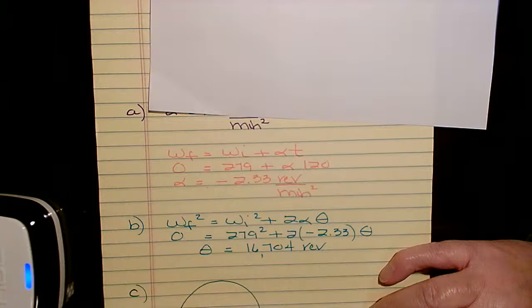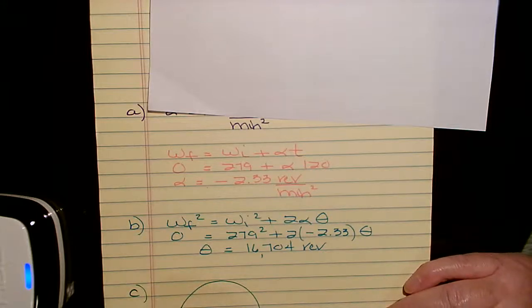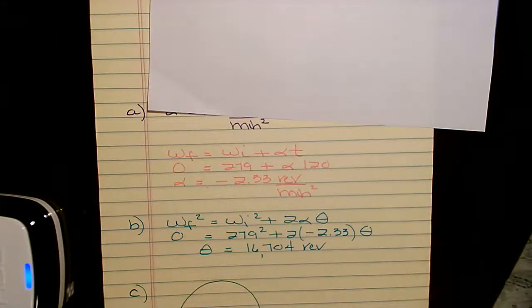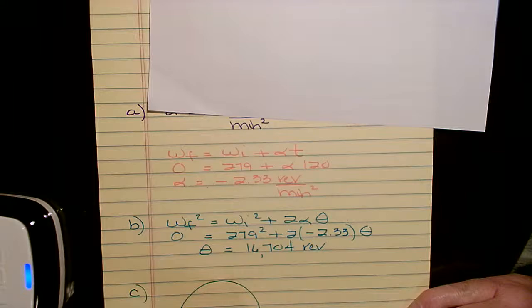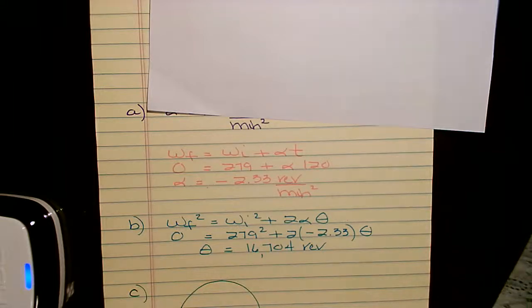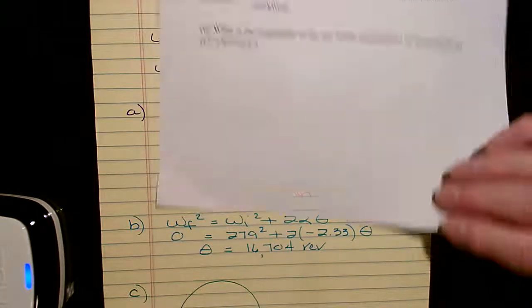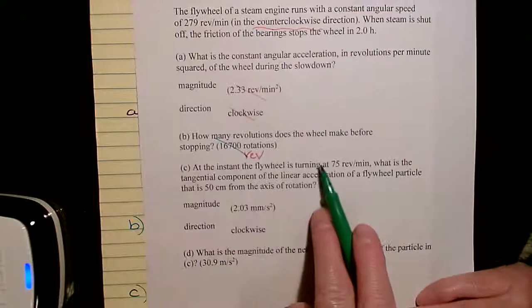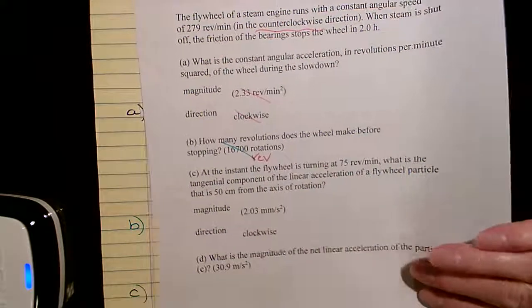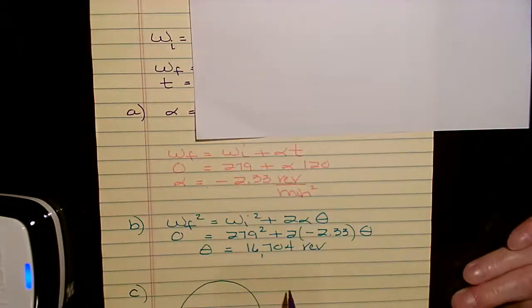So I'm going to say R equals 0.5 meters. And so this is the particle. We'll make the particle a different color so we can see it better. All right, so there's our particle. At the instant the wheel is going 75 revs per minute, I think I'm going to write that number down. So omega is 75 revs per minute.